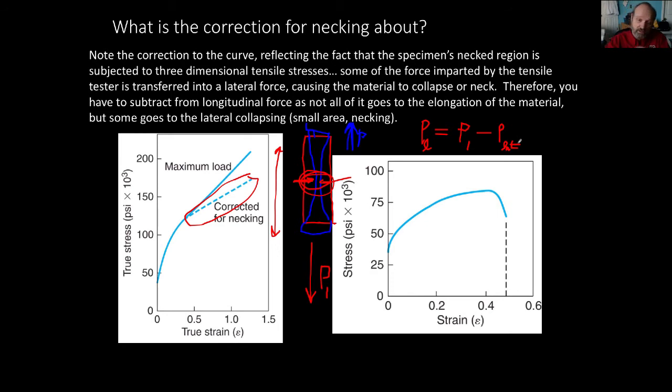Some of the force used by the machine pulling on the sample is transferred into the lateral force. So the actual load in the z direction in the material is this corrected for necking.